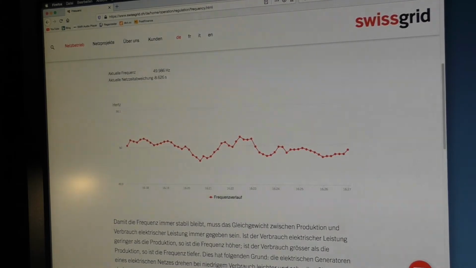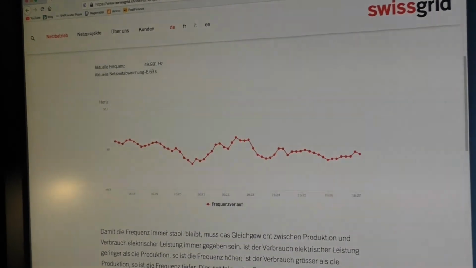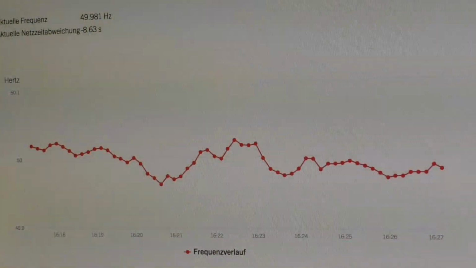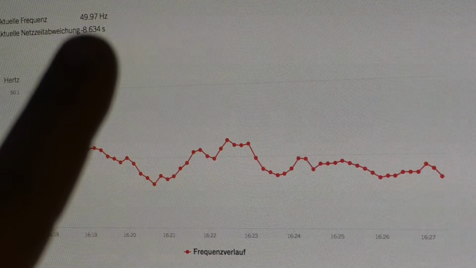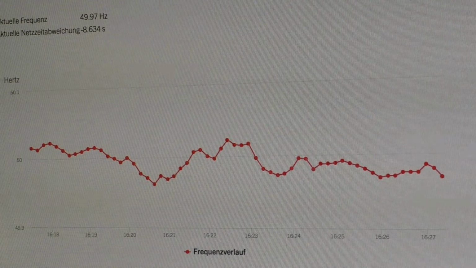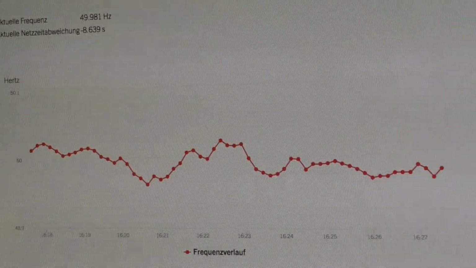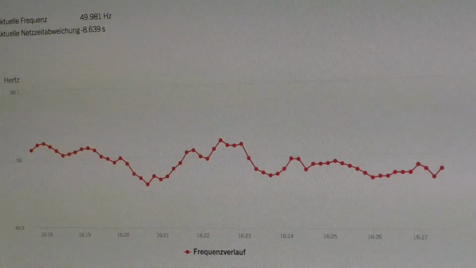Well, of course I could measure the frequency, but there is a website from Swissgrid and you can see at the moment we have 49.97 Hertz. So the clock is ticking a little bit too slow, and that allows us to count some counts more than we actually should.